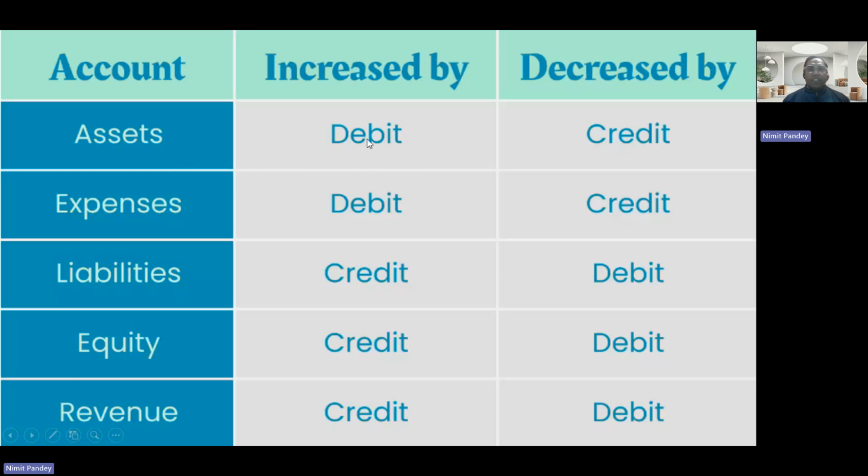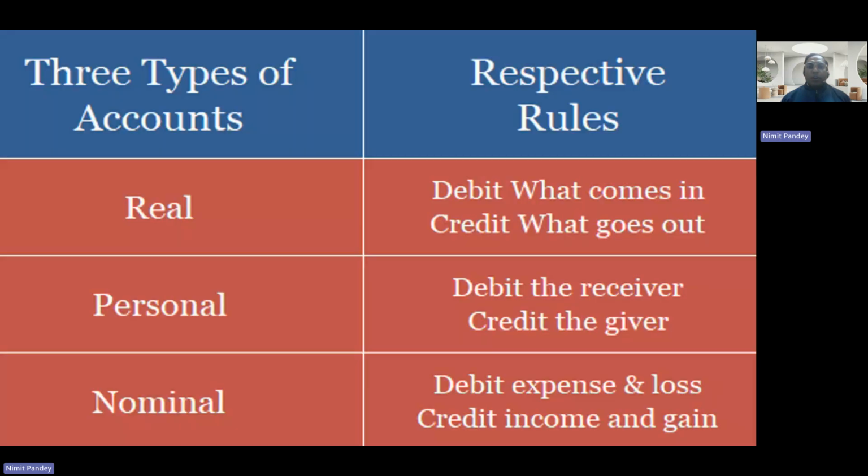So whenever an asset increases or expense increases, it is debited, but when liability, equity, and revenue increase, it's credited. So remember these things.